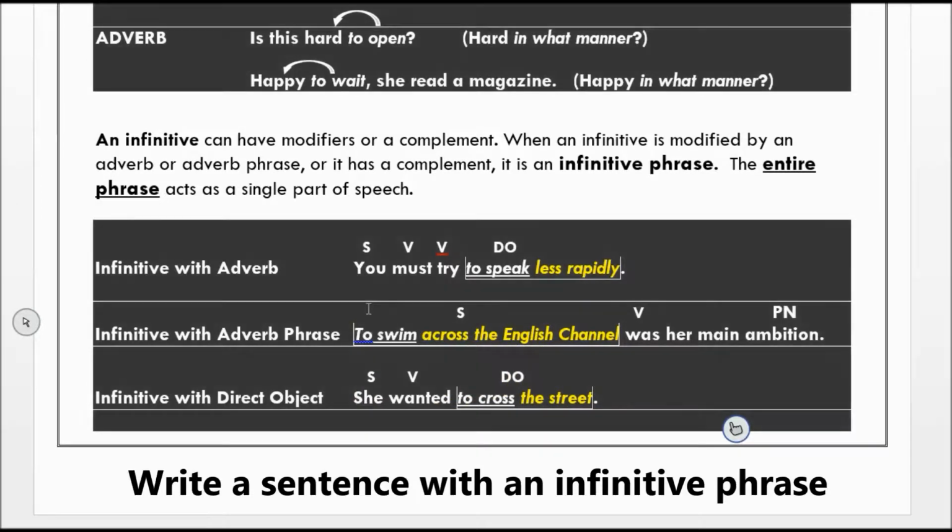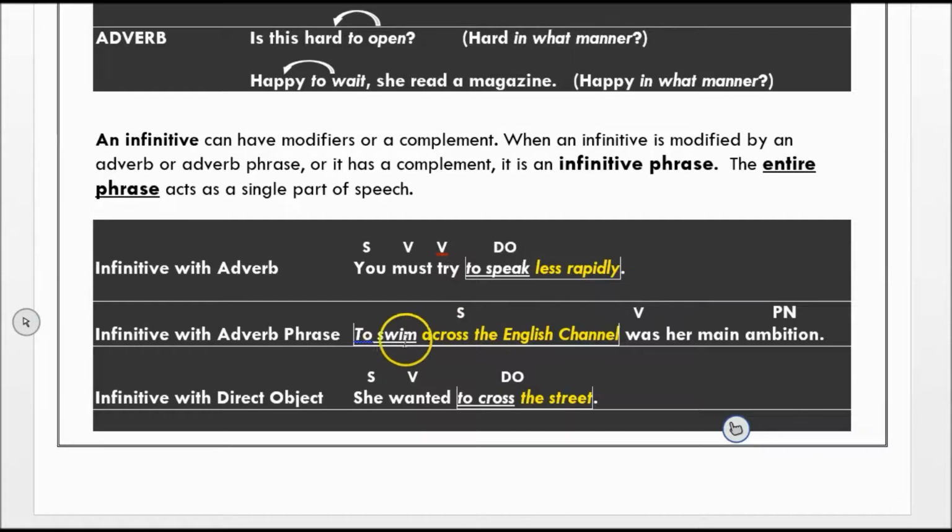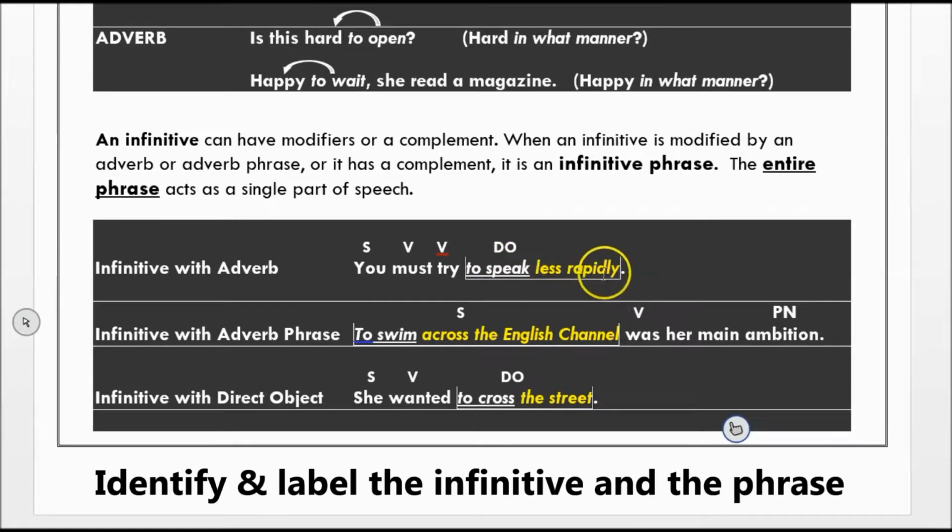Okay? Infinitive phrase, so you need an infinitive and you need something that's connected to it, whether it's the direct object or a prepositional phrase connected to it, modifying it, or an adverb modifying it. And so you're going to write a sentence including your phrase, identify the whole phrase for me, identify the infinitive for me.